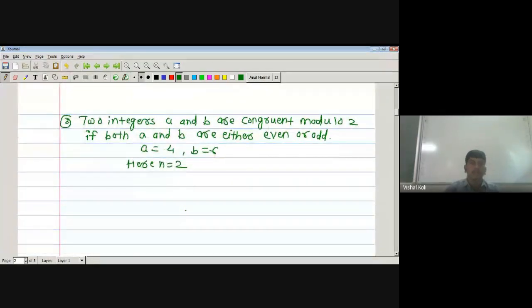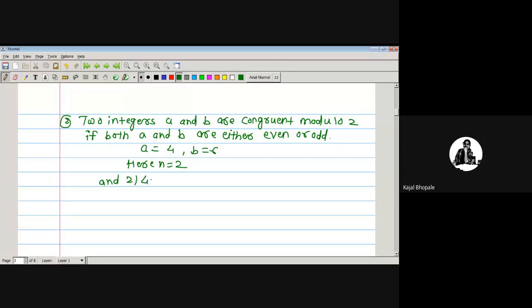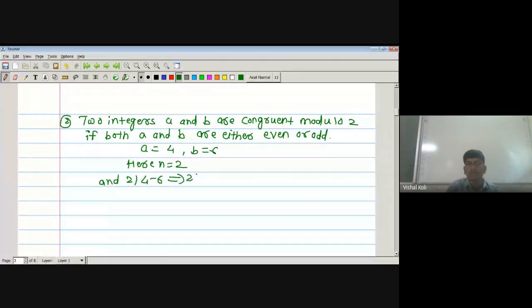So 2 divides 4 minus 6, which is nothing but 2 divides minus 2. This holds for both even: if both a and b are even, then 2 divides the difference of these two even integers. Similarly for odd, since the difference of two odd numbers is again an even number.